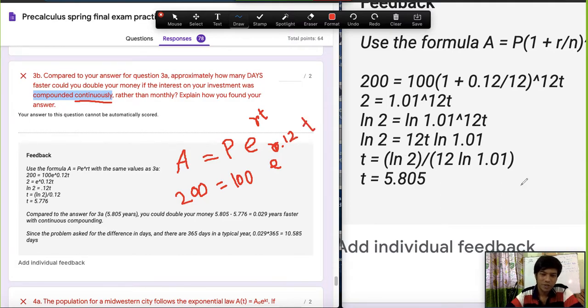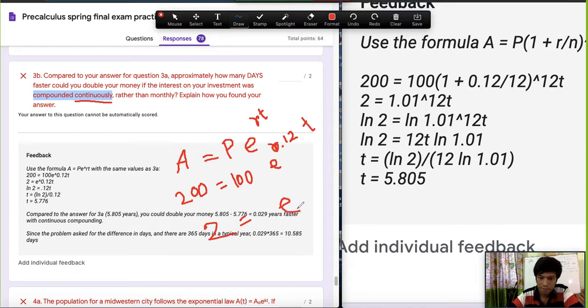See, we are also technical. If something is not doing anything, then we just replace it. So 200 divided by 100 equals 2.